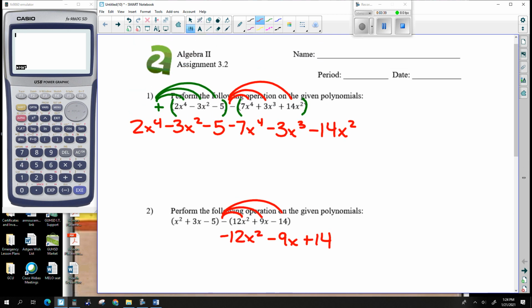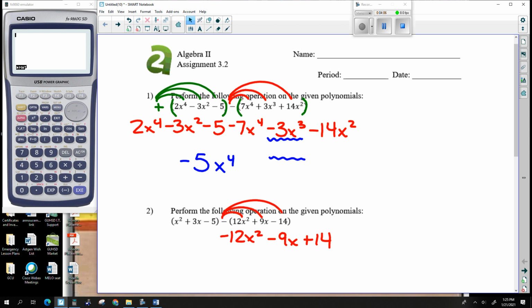Okay, let's go back to number 1, and we see that this is a big addition and subtraction, and I'm only allowed to put together the things that are the same. So for instance, x to the fourths stick with x to the fourths. So that's 2 minus 7, so that's negative 5. Next I have an x to the third.